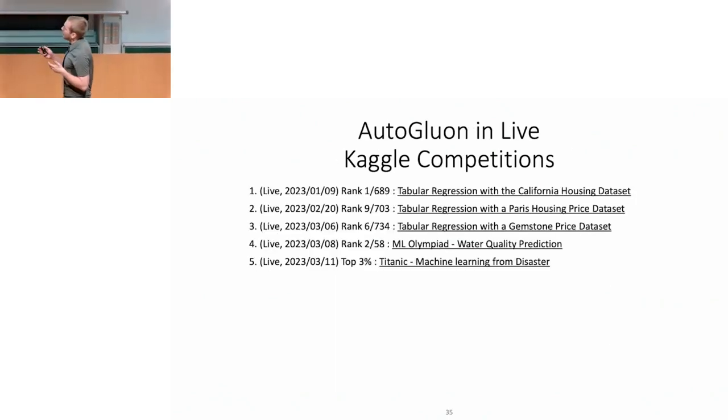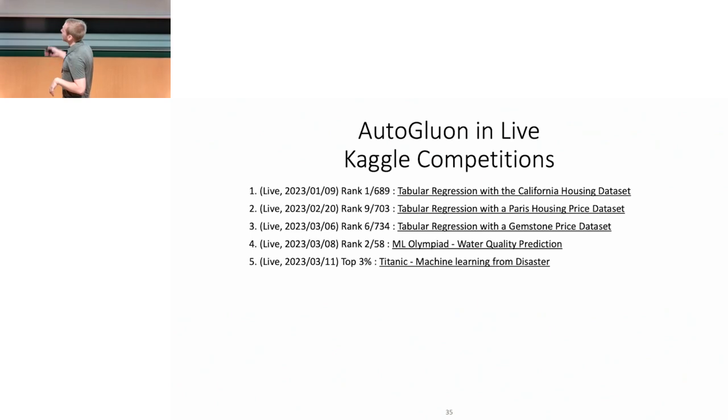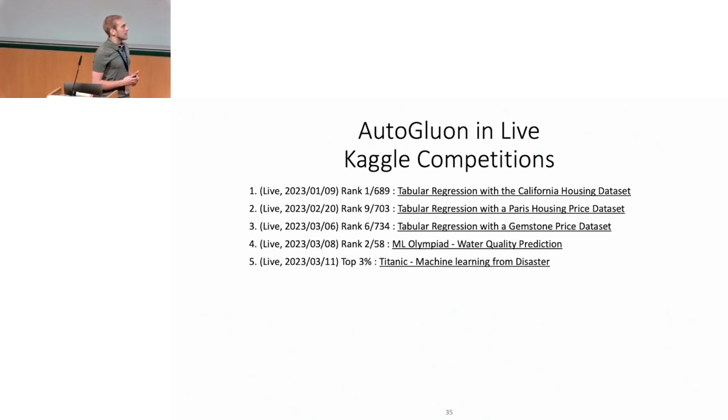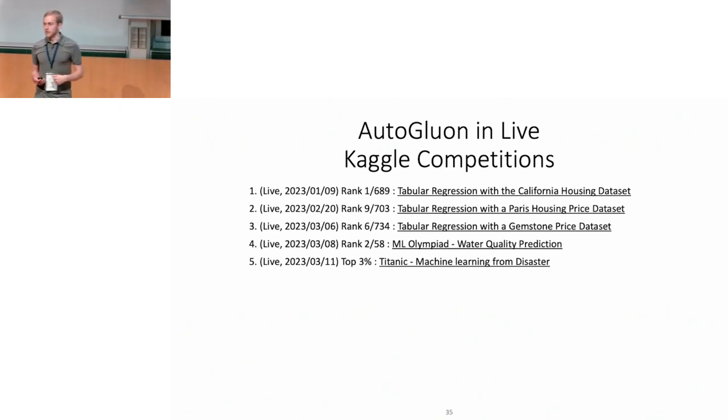I tracked over the first quarter of this year, and AutoGluon was used in 5 competitions to get pretty strong results, which I think is a good indicator that AutoML is picking up traction within the competition community, which showcases its effectiveness in real-world scenarios.